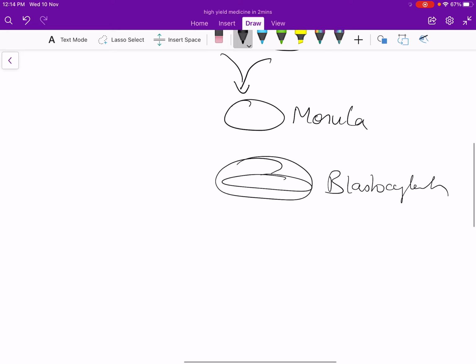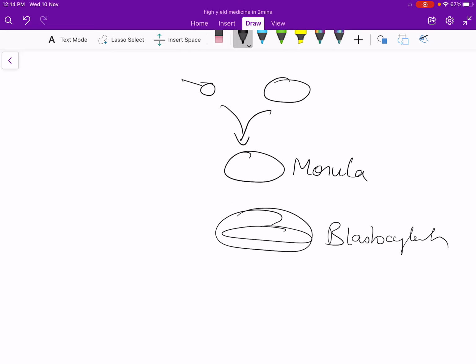At some point of time this has to divide into two different beings. Now, depending on when it divides, does it divide in the first 4 days, or in the 4 to 8 days? That decides the fate of the amnion and the chorion.